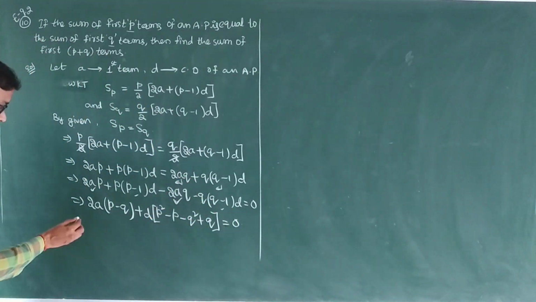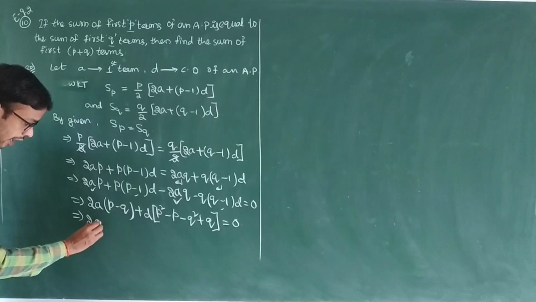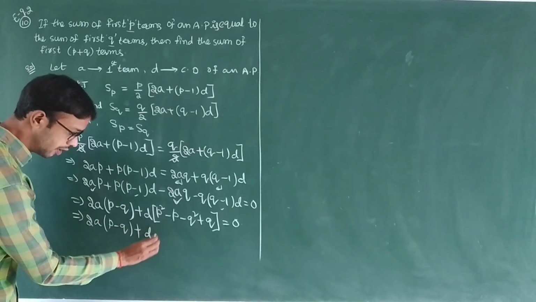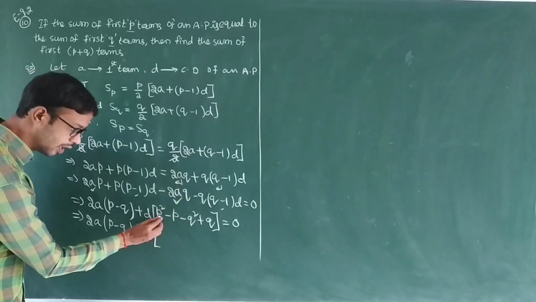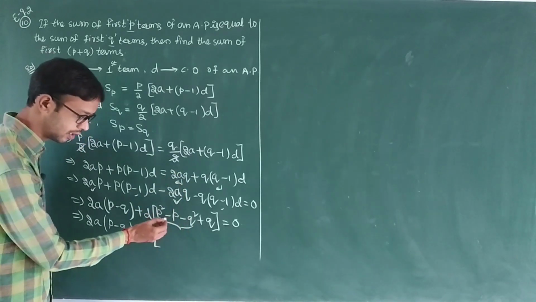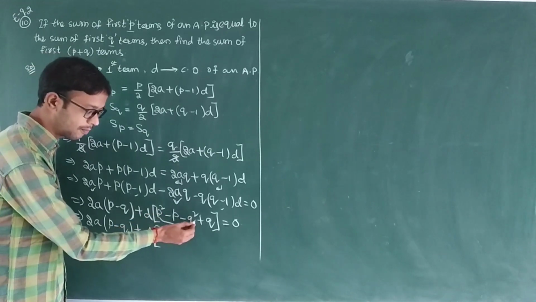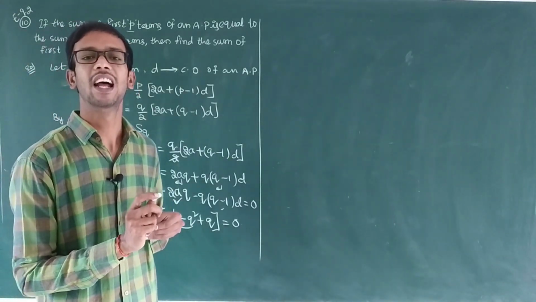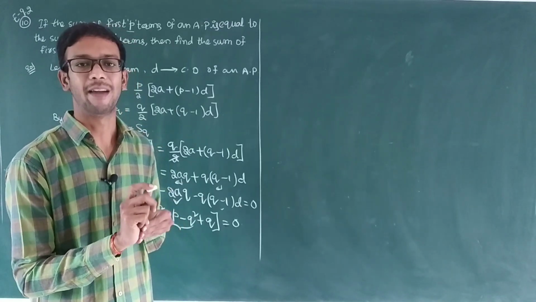Next step: 2a into (p minus q) plus d into, in this, a square minus b square formula, (a plus b) into (a minus b).